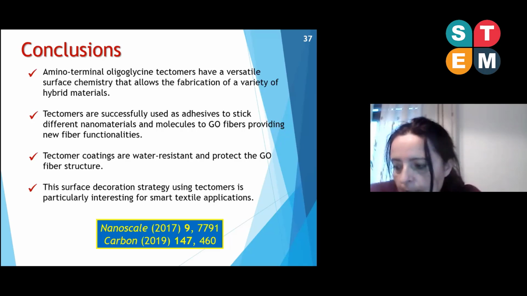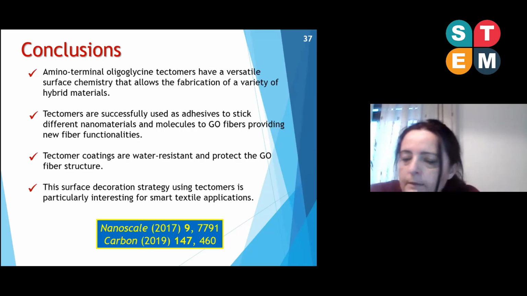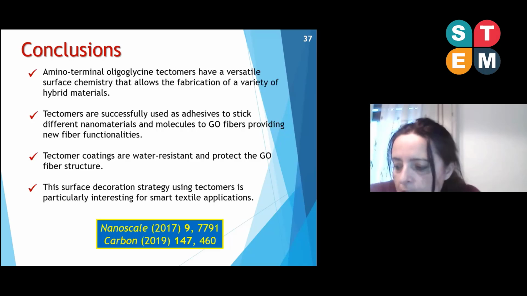Tectomer coatings are water resistant and protect the GO fiber structure. This surface decoration strategy using Tectomers is particularly interesting for smart textile applications.